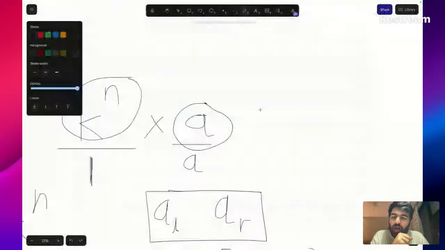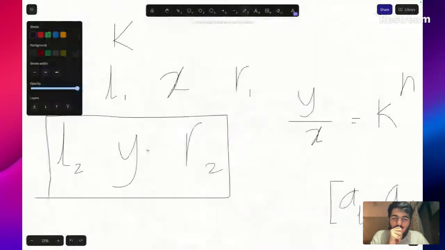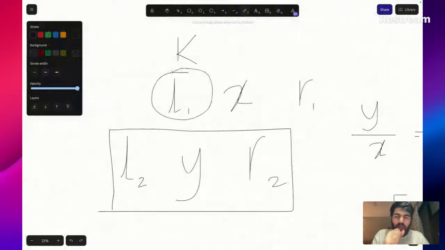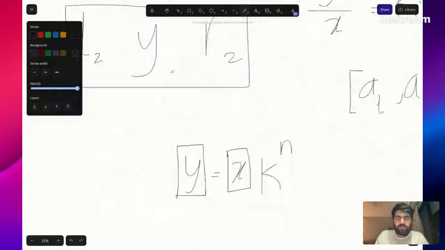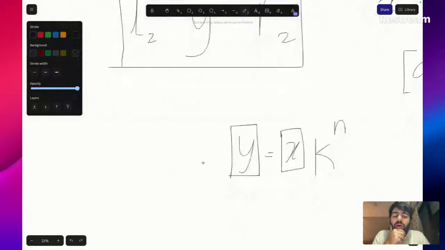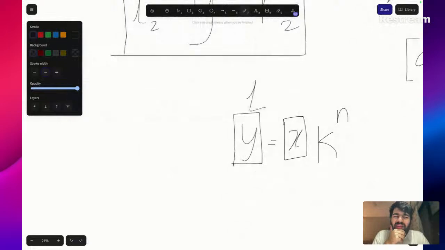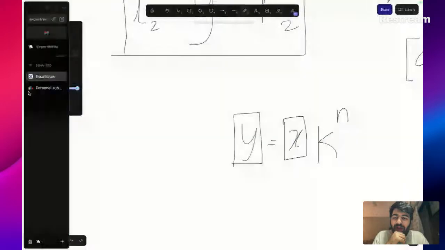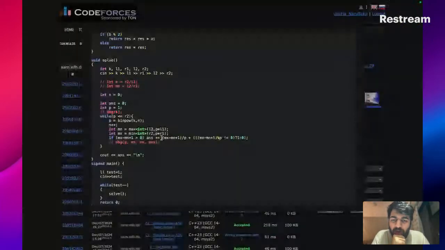So this multiplied by L1. So you are taking some start of Y. But then you will also have to divide it at some point. I'm dividing it.